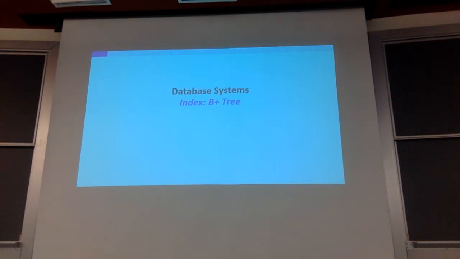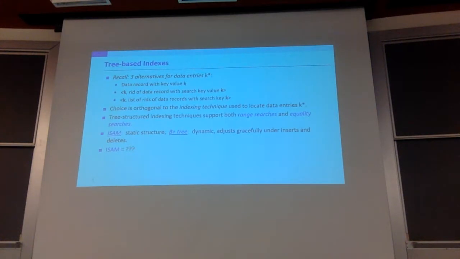Okay, so let's do a quick recap of the last lecture. We talked about what indexes are. Basically, an index is a collection of data entries, and a data entry is basically a search key and a pointer to some location in your heap file.